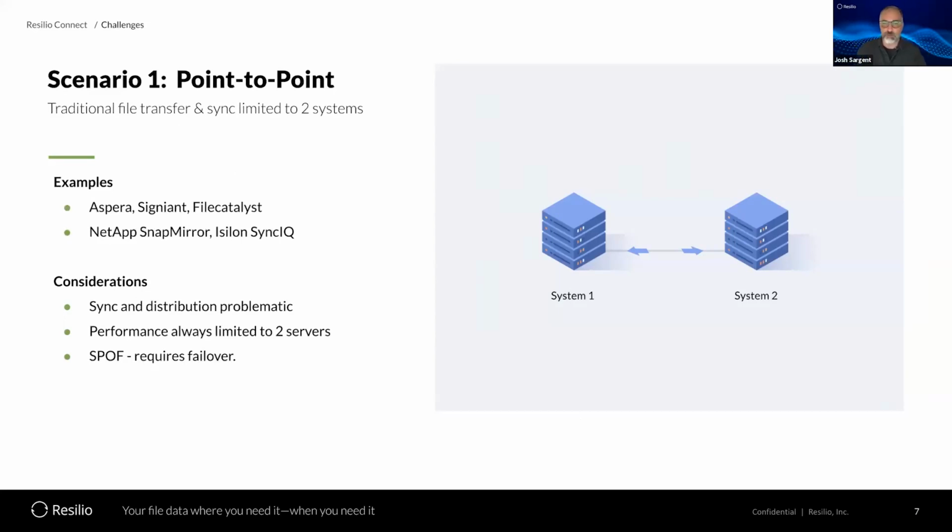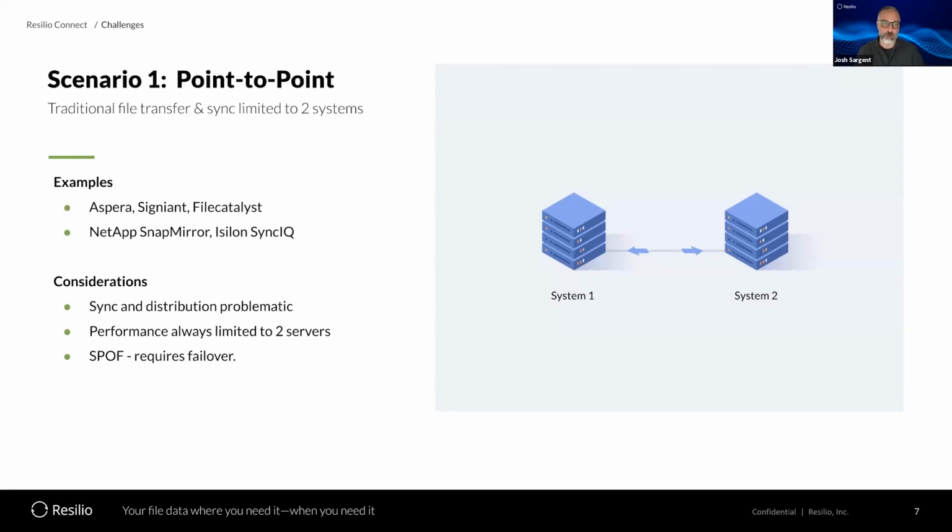And different customers are in different states when it comes to the locality of their data. Where's their data living, where they need it to be. Some customers have big storage arrays that they've put in their data center or in their studio, and all their data is centrally located, and they need to replicate it. Maybe they've got a studio on the East Coast, a studio on the West Coast, or a data center in the central region.